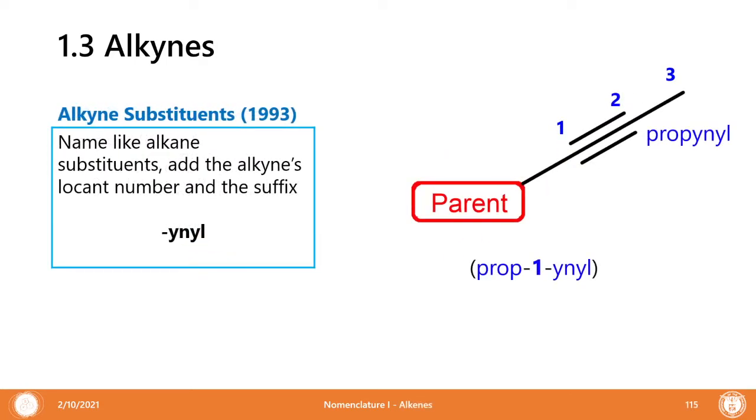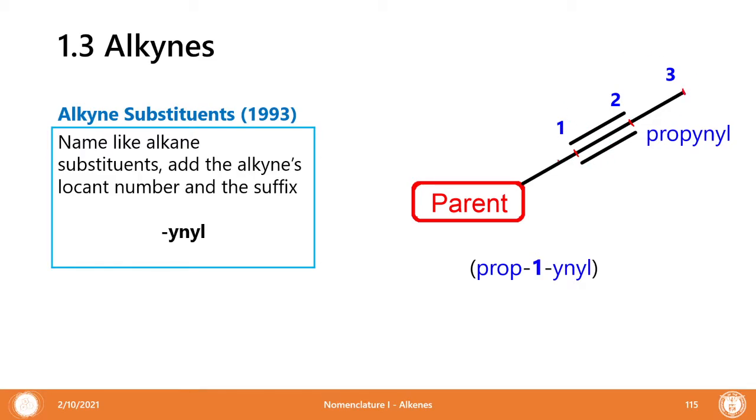Now if we have alkyne substituents, much like alkenes, we just need to use the suffix -ynyl. So we do the numbering again. We have 3 carbons. Don't forget that wherever a triple bond ends, there's a carbon. 1, 2, and 3.